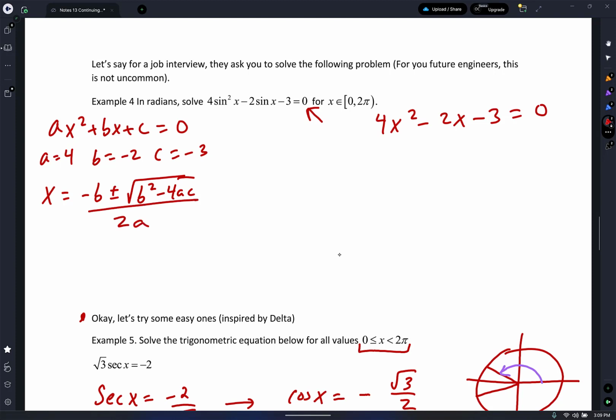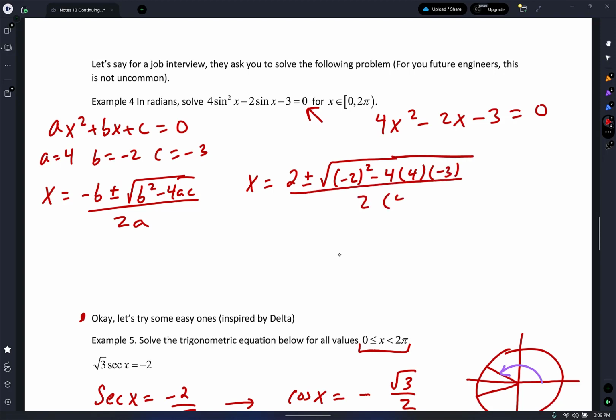So x equals the opposite of -2, so 2, plus or minus the square root. If you want to put the -2 to be technical because it does say B, then go for it. You're squaring it anyway, so it turns positive. Minus 4 times -3, and all this is over 2 times 4.